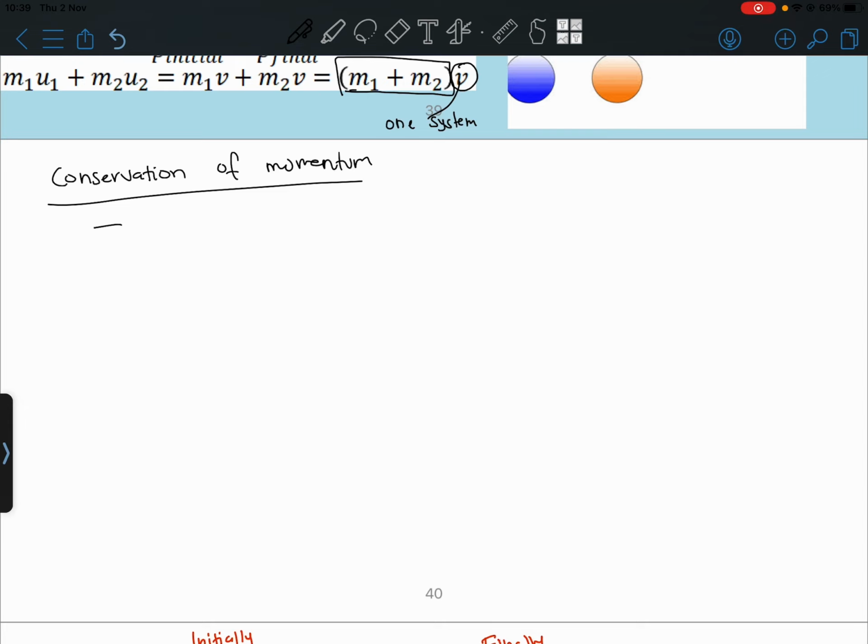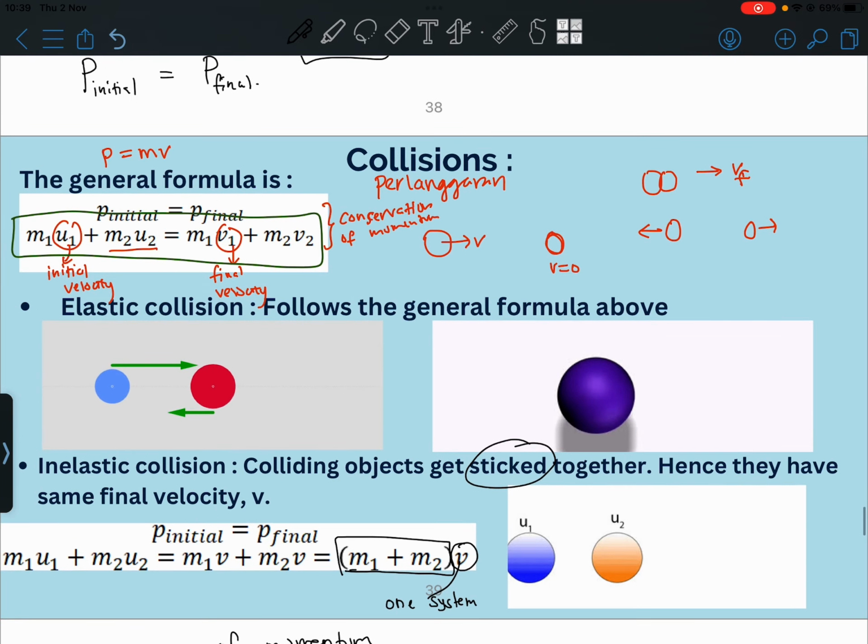So the sum of the initial momentum equals the sum of the final momentum in a system. This applies to our collision subtopic.